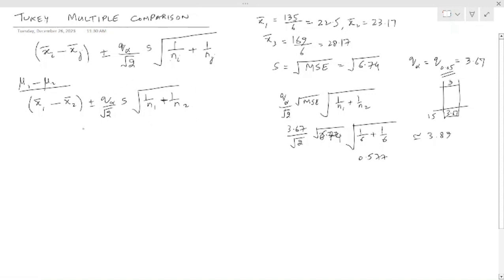Now what we do, for mu1 minus mu2 difference, we need to simply substitute 22.5 in place of x1 bar, take away 23.17 in place of x2 bar, and plus minus 3.89. We get the lower bound and then the upper bound after applying this.